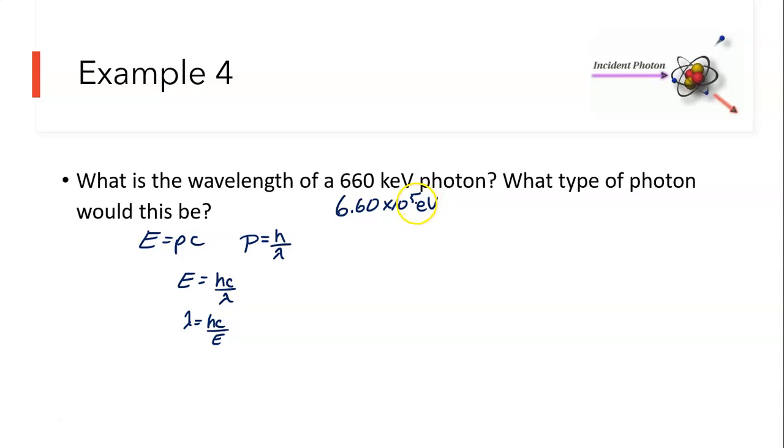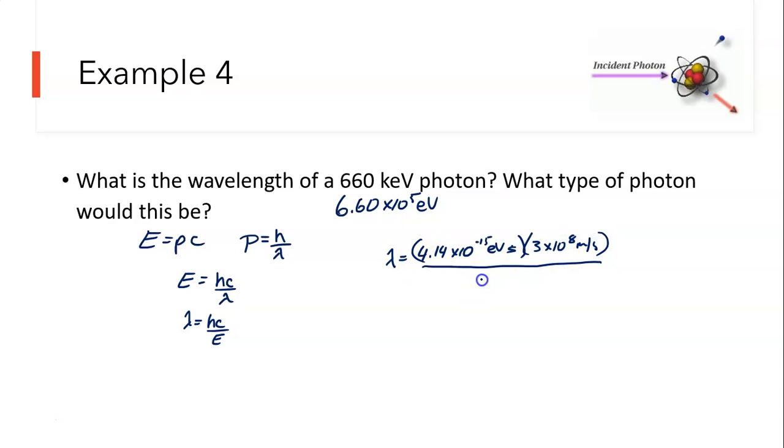Now, because we've got this in electron volts, we can do the non-standard 4.14 times 10 to the negative 15 electron volt seconds for Planck's constant, 3 times 10 to the 8 meters per second.